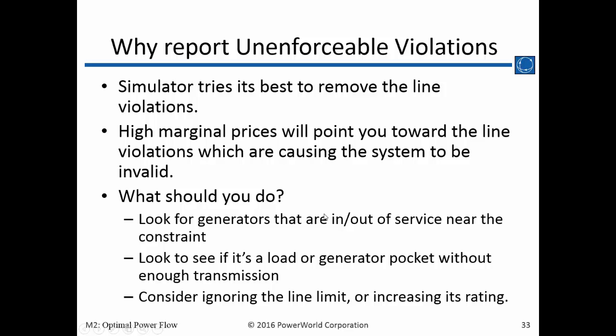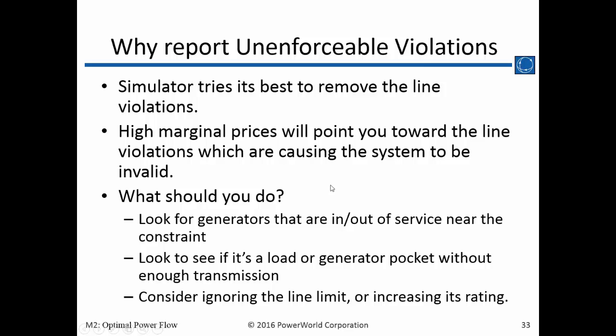Okay, and as we mentioned earlier, the violation cost is high because the linear program is going to want to reduce costs as much as possible, so it'll move controls before it'll allow a transmission line overload to occur. But if there's a load pocket and an unenforceable constraint, then that's going to remain in the solution.